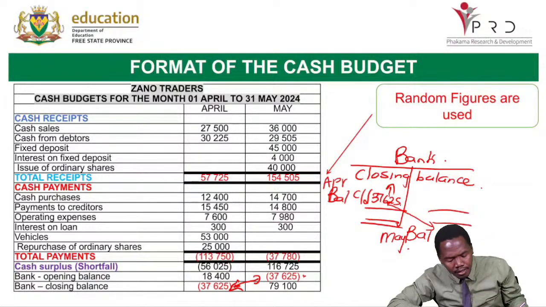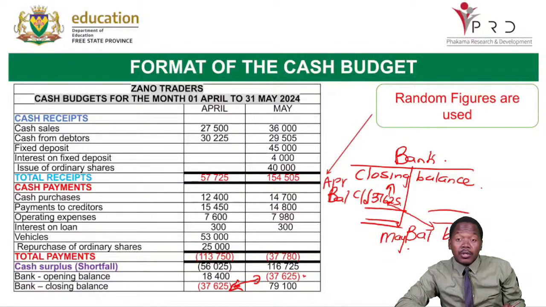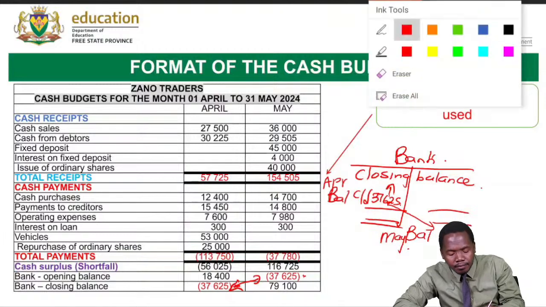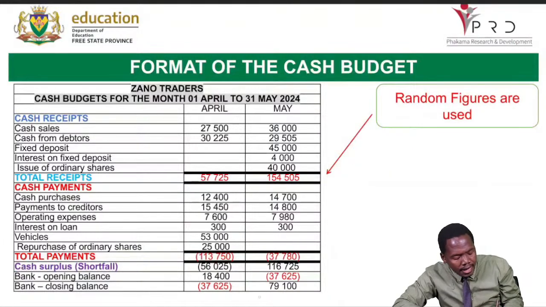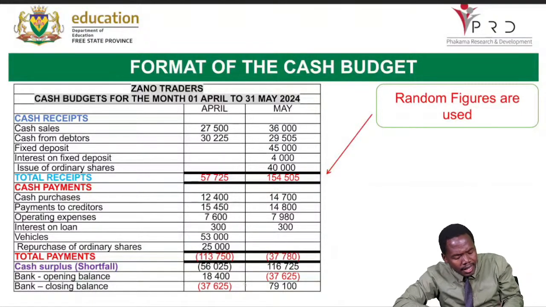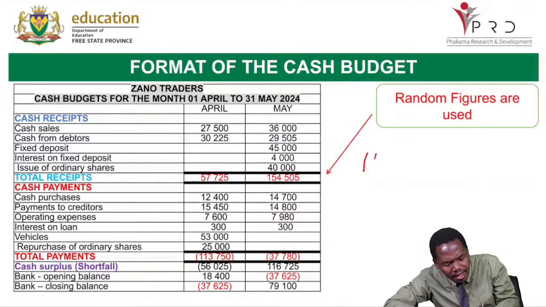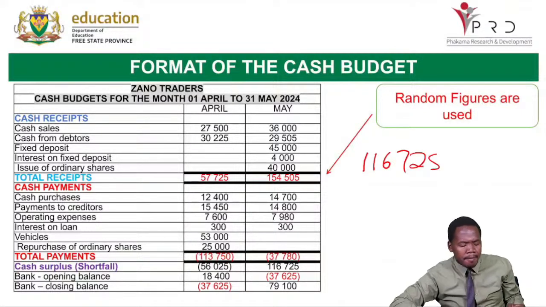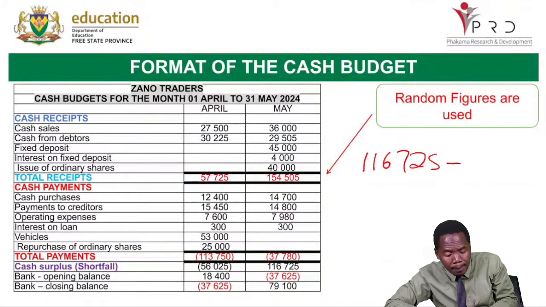Okay, now we are going to look at the last part. Now, bank closing balance. How do we get it? We had a surplus now of 116,725, and then we are going to subtract 37,625.